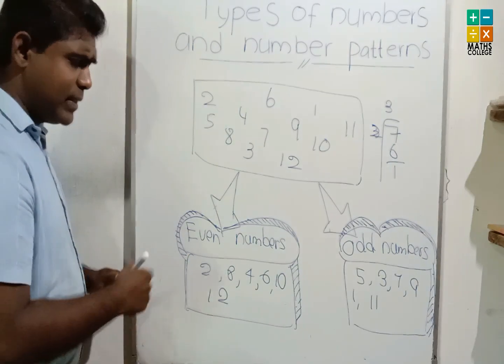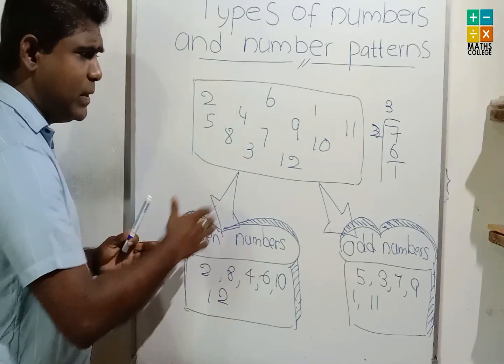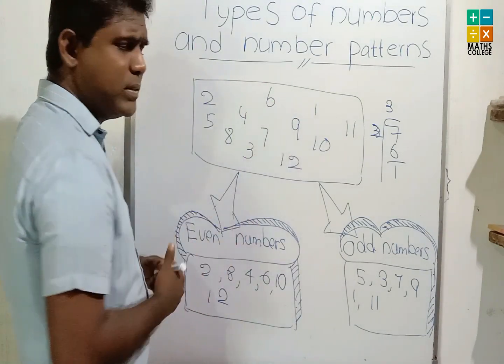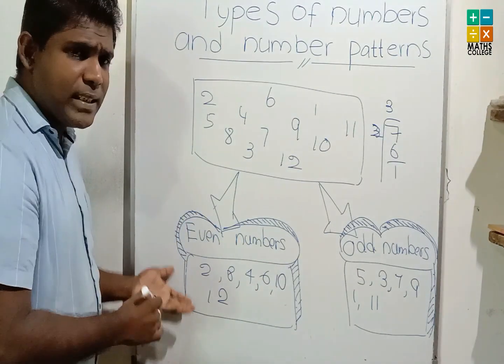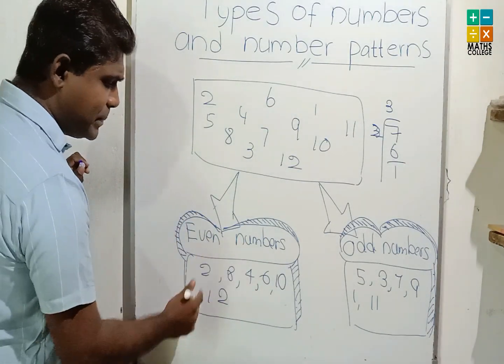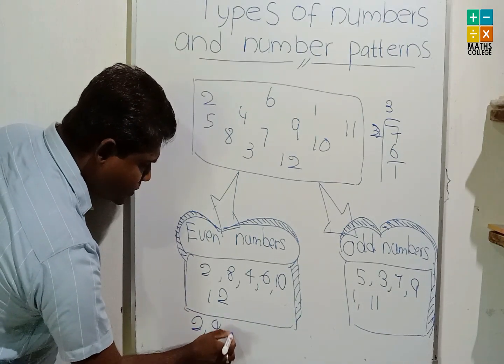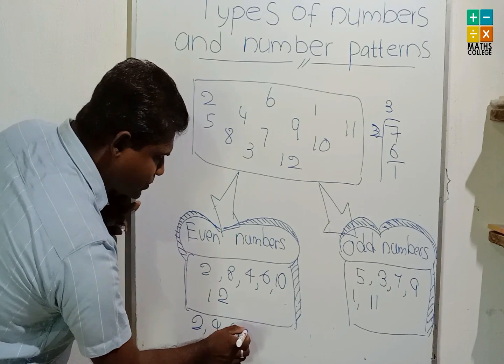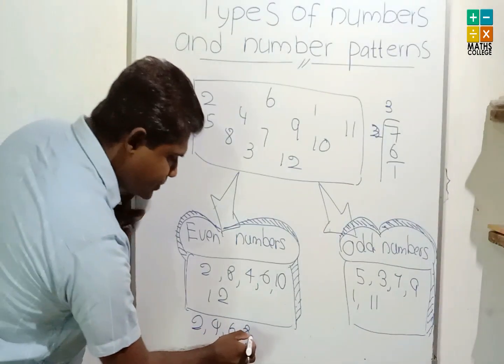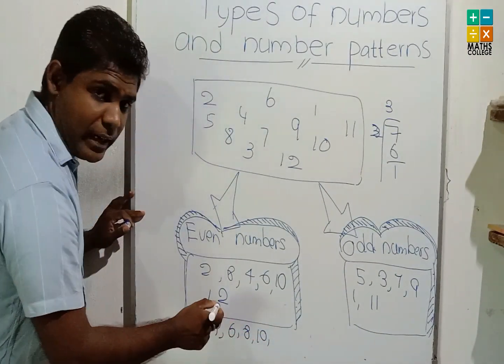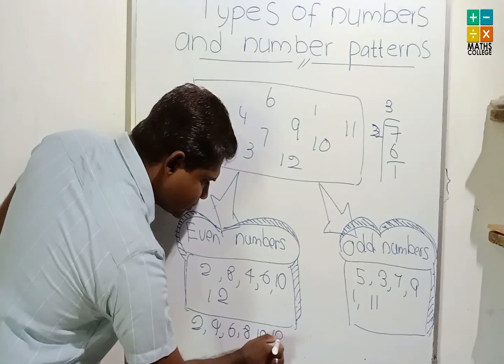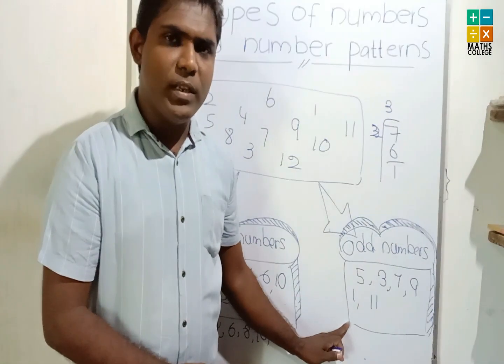Considering these numbers, here you can see 1 to 12. Then let's arrange them in ascending order. What is the first one? Yes, 2. Then 4, 6, 8, 10 and 12. The next one, odd numbers.